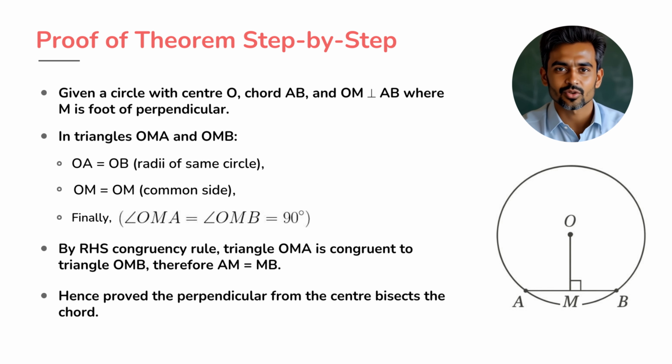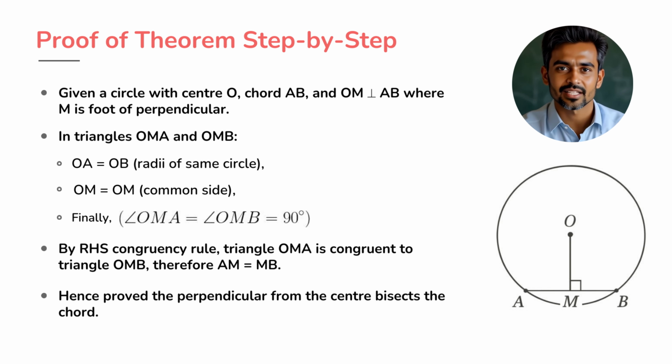Now, let's look at the two triangles, triangle OMA and triangle OMB. First, OA equals OB, because both are radii of the same circle. Second, OM is common to both triangles. And third, angle OMA equals angle OMB equals 90 degrees, since OM is perpendicular to AB.